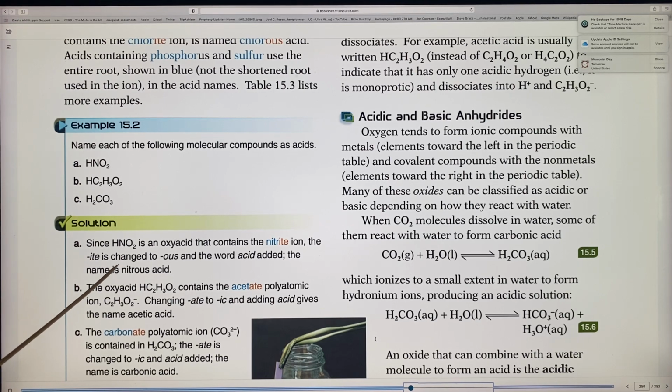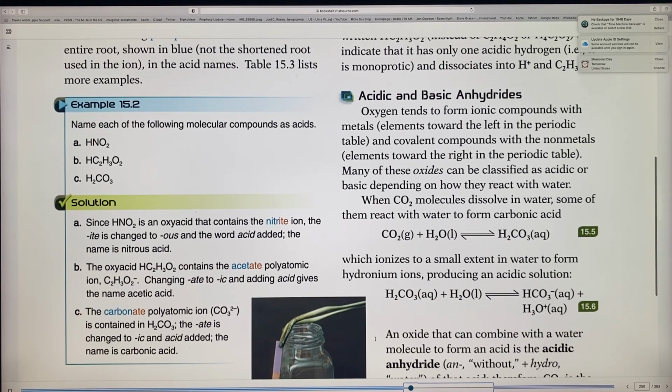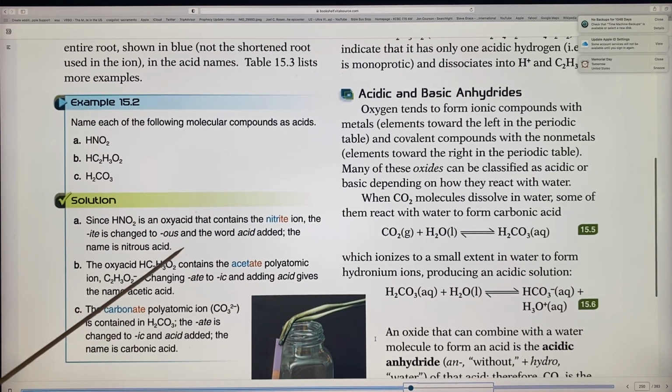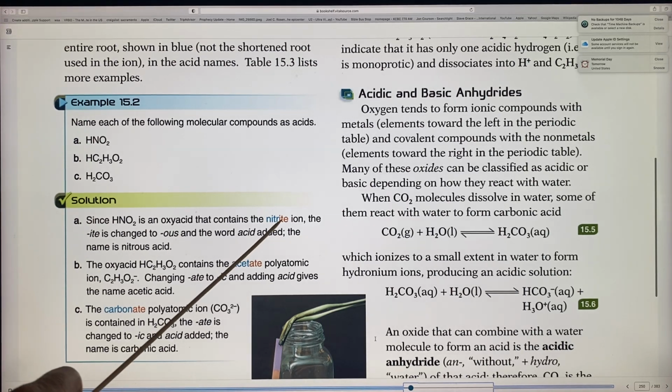Now, -ite is always changed to -ous, remember? -ate to -ic and -ite to -ous. So if it's nitrite, we're going to add -ous.